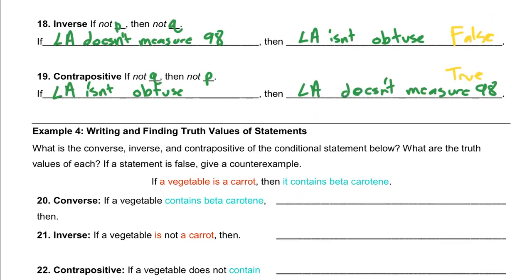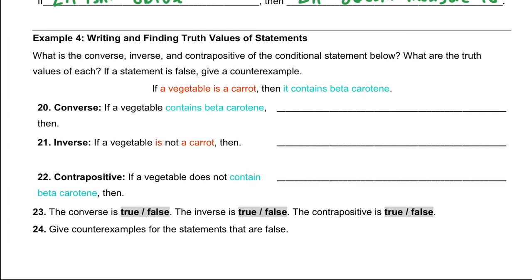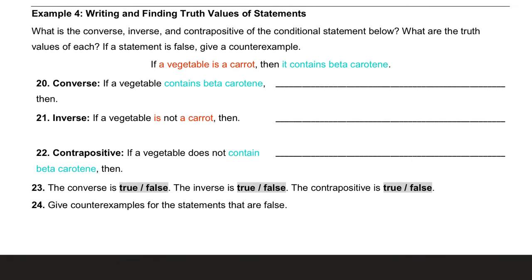So we've got one more example. And this example talks about writing and finding the truth values. Now you're only going to have to write half the statements, so that kind of cuts down your writing a little bit. But it asks, what is the converse, inverse, and contrapositive of the conditional statement below, and what are the truth values of each? If a statement is false, give a counterexample.